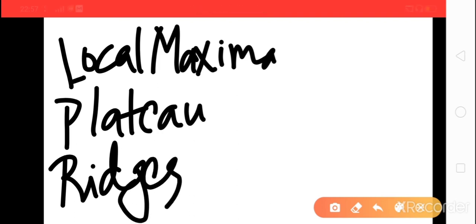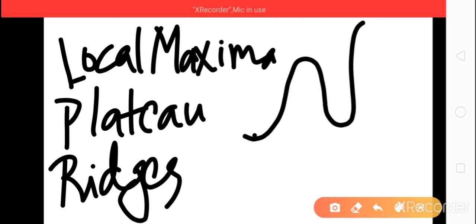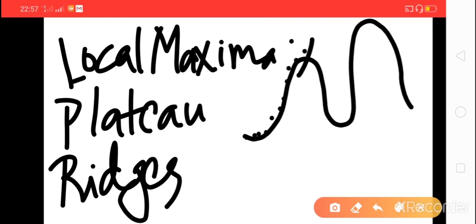Local maxima means, suppose a hill is like this. The algorithm will start from here and reach this point. It reaches a peak, then there is a slope.